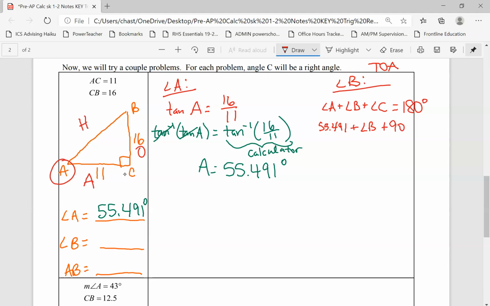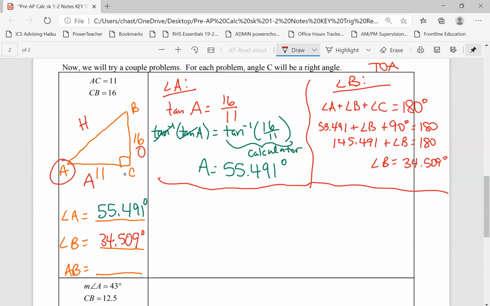Angle C is 90 degrees. So if I just take 90 plus 55.491, I get 145.491. And if I subtract that from 180, I get that angle B is 34.509 degrees. And I know some of you could have calculated that much quicker than I did, but I just wanted to show you all the steps that are involved with that.